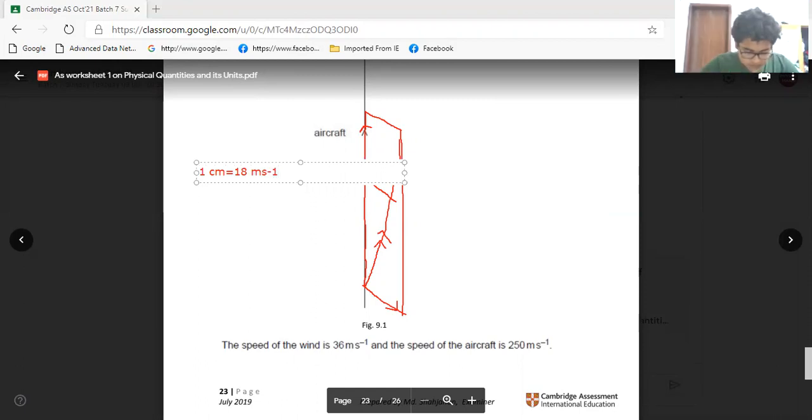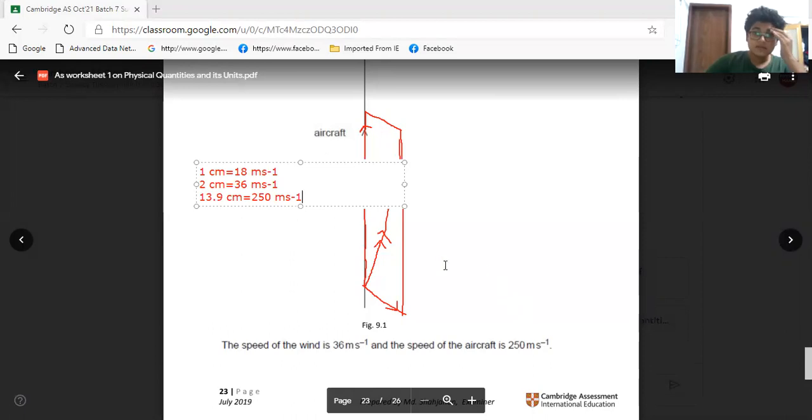Then 2 centimeter is 36 meter per second. This is our scaling, okay? Then 13.9 centimeter, which is our 250 meter per second. Okay, so the scaling is done.